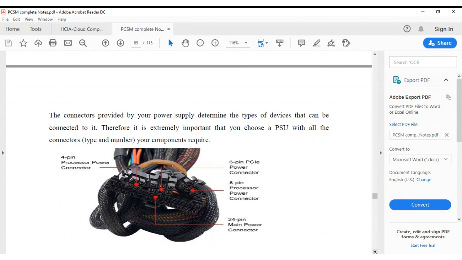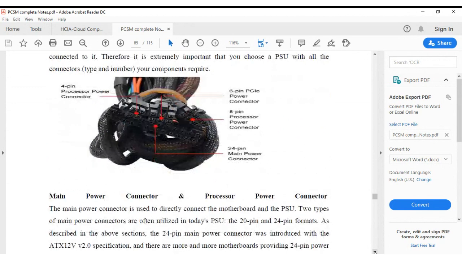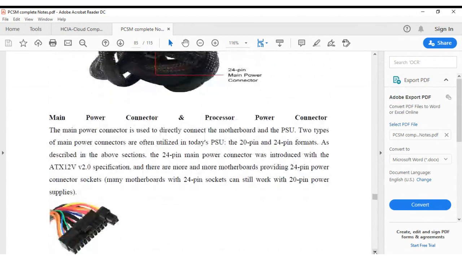Here we have examples of 4-pin, 6-pin, 8-pin, and 24-pin connectors. These are the connectors that you plug into the motherboard. Now, the main power connector and the processor power connector. The main power connector is used to directly connect the motherboard and PSU.